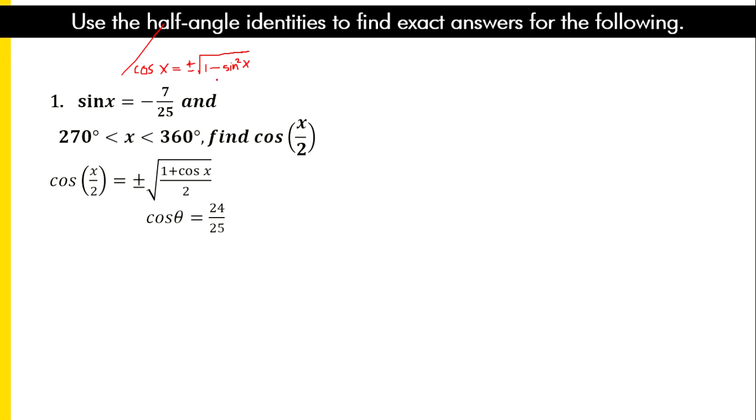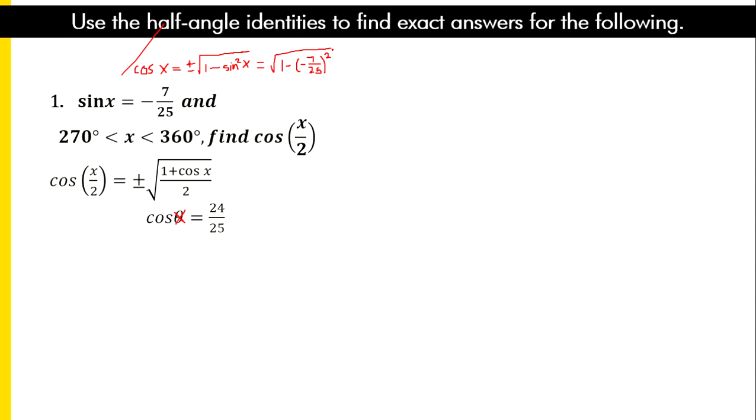Okay, so if we will substitute that, since we are in quadrant number 4, the cosine x here is positive, right? The cosine is positive in quadrant number 4. So if we substitute that, that is square root of 1 minus the quantity of negative 7 over 25 squared.